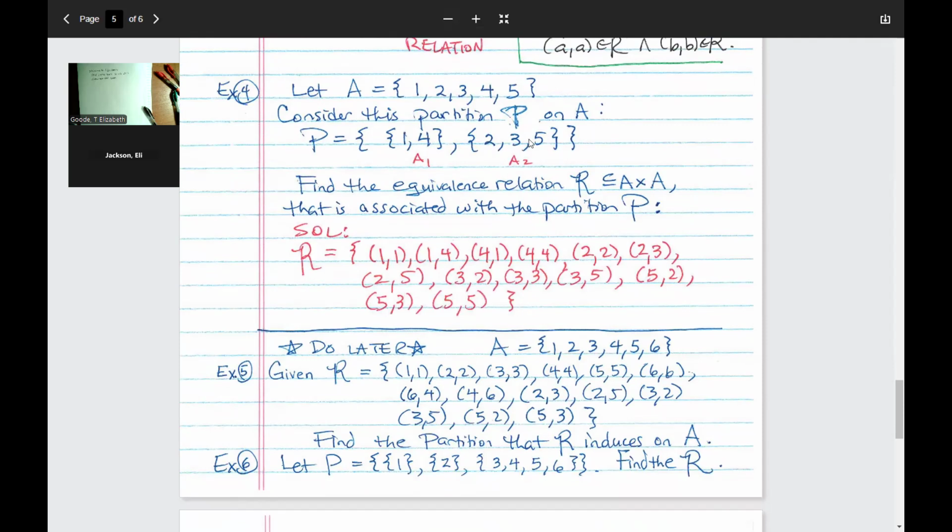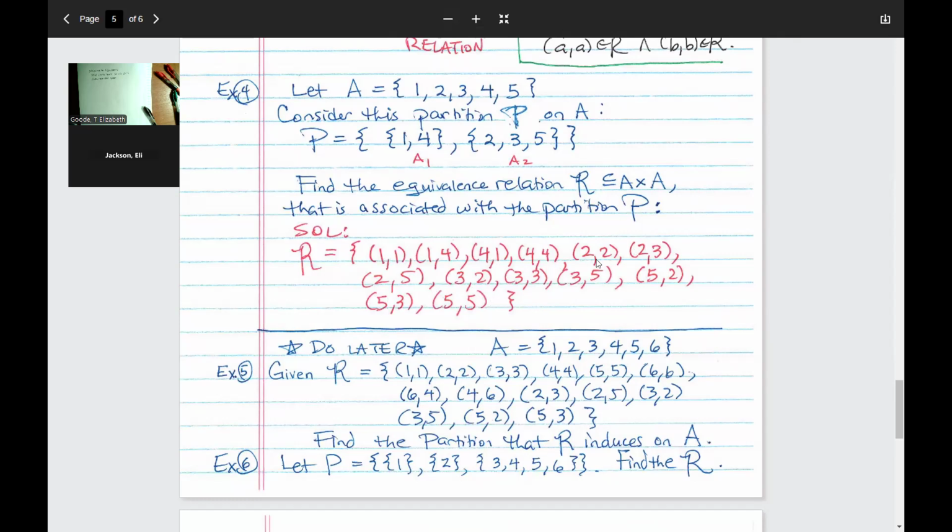And then 2 and 3 and 5 are all related to each other. So we need all those ordered pairs. 2,2; 2,3; 2,5. 3,2; 3,3; 3,5. 5,2; 5,3; 5,5. All the different ways that we can pair up the 2, the 3, and the 5, making all these other ordered pairs. And that's it. This is an equivalence relation. You can check it. It's reflexive.